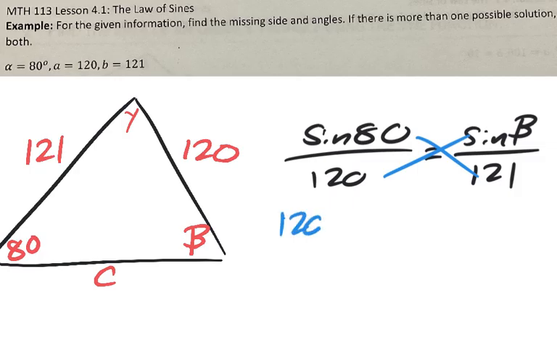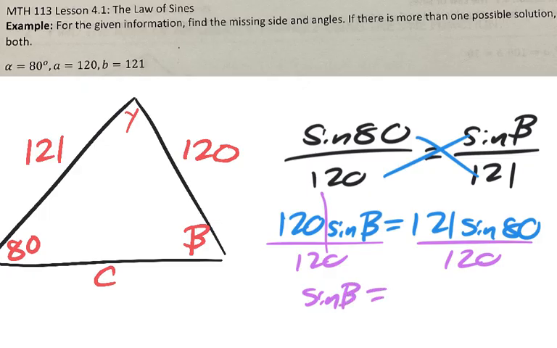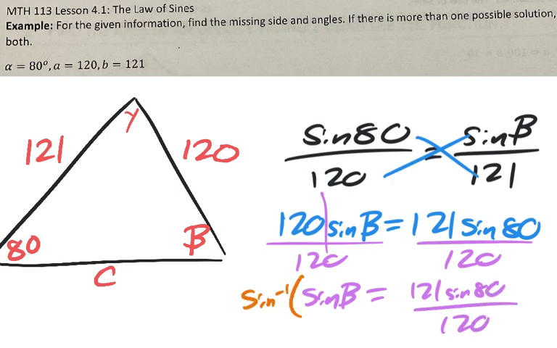I've got 120 sine beta equals 121 sine of 80. I divide by 120. That tells me sine of beta equals 121 sine 80 over 120. Take an inverse sine of both sides.